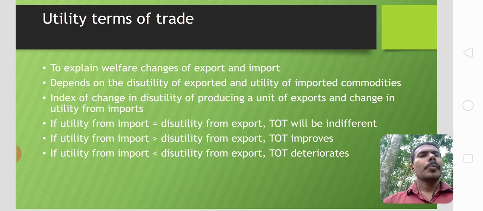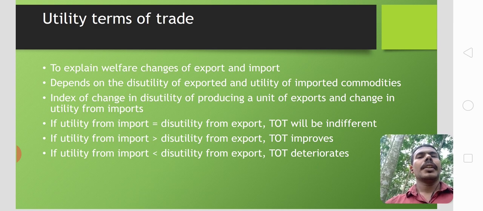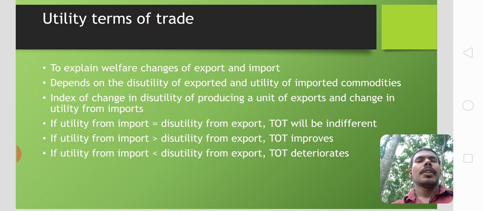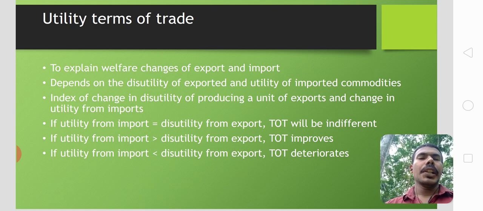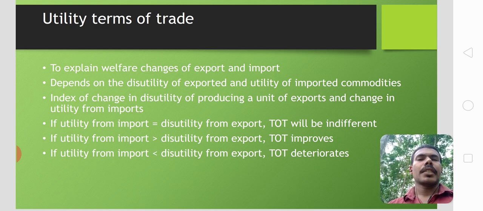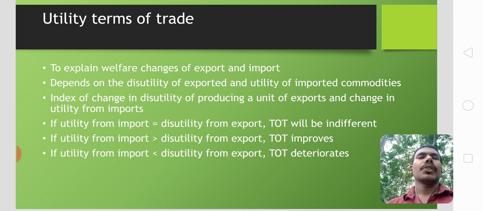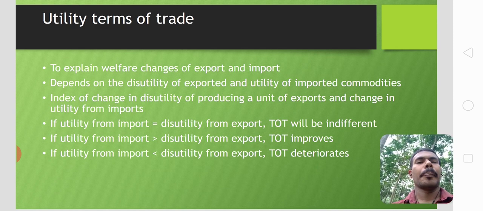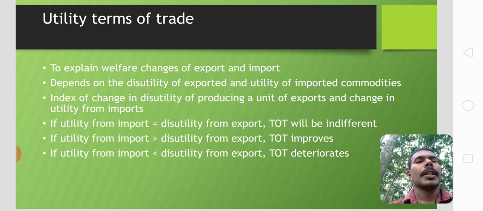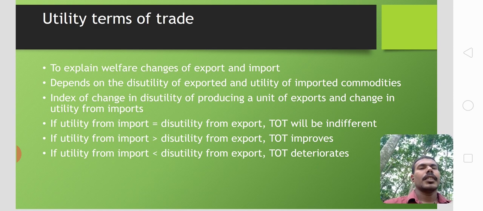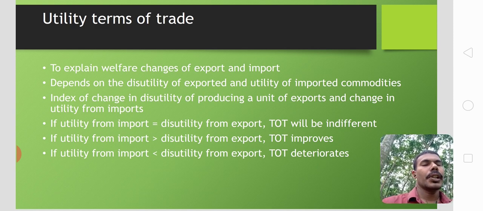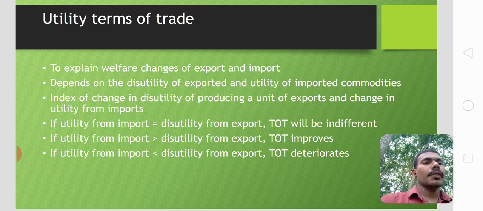So when we are able to measure the utility, we need to add that utility with the price of export and price of import. Simply, we need to add the utility of export commodities, that is, this is actually not Px, this is the utility of X, export commodity, divided by utility of import commodity, that is Um, the utility of import commodity. Whenever the utility of export is equal to disutility of export, then terms of trade will be indifferent.